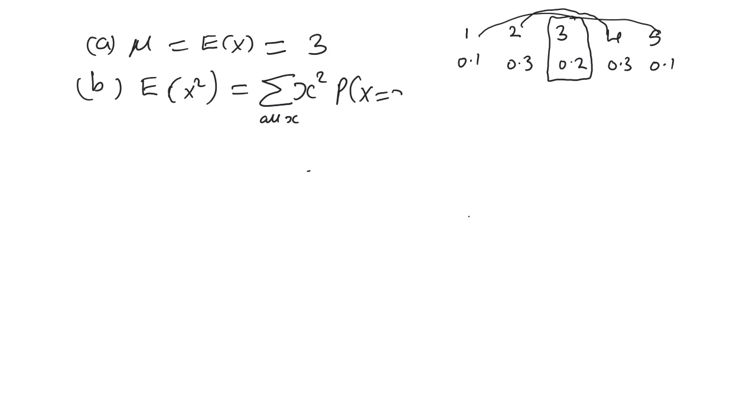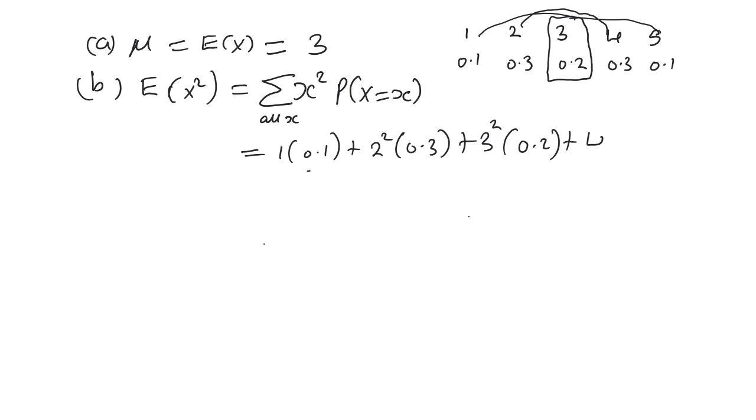If you substitute in here the X values, we have 1 squared times 0.1, plus 2 squared times 0.3, plus 3 squared times 0.2, plus 4 squared times 0.3, plus 5 squared times 0.1. So what do we get? My mental calculation is 10.4, but you check with the calculator. If it is not correct, then you have to correct it with your calculator.